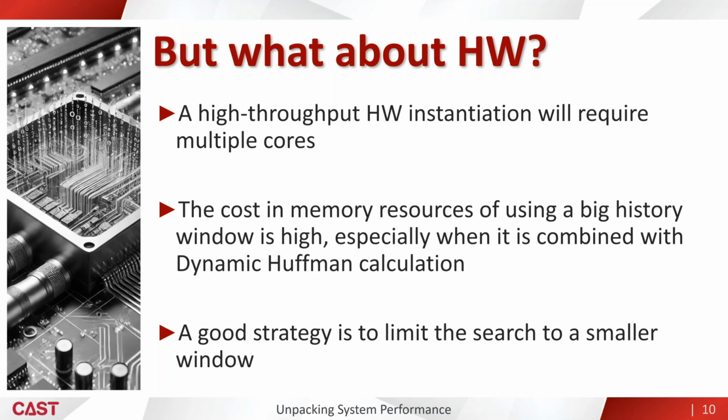This might be multiple cores running in parallel as embedded cores, or one big core with multiple internal processing instantiations. So the cost in memory resources of using a big history window will be higher, the higher the number of instantiations you will need of these processing elements.